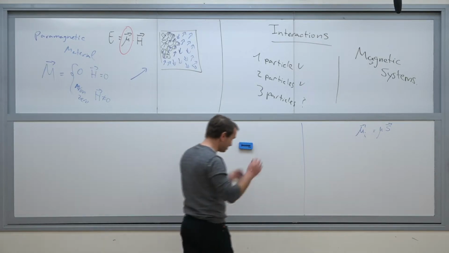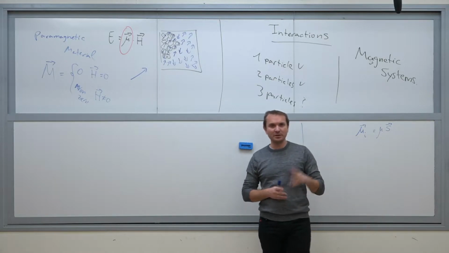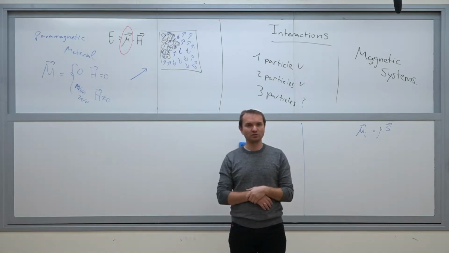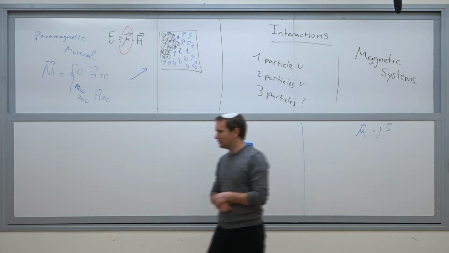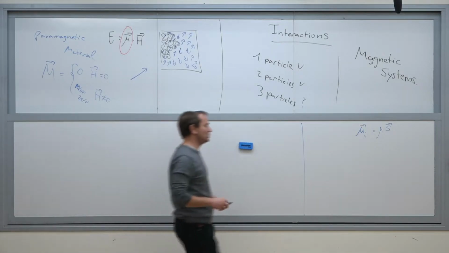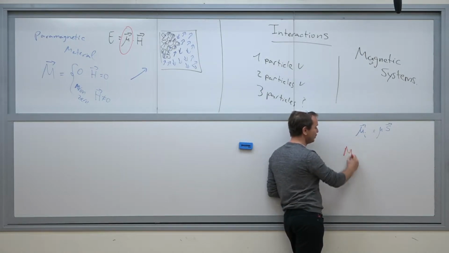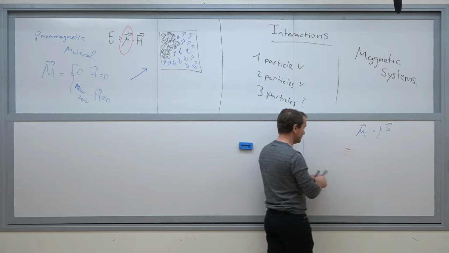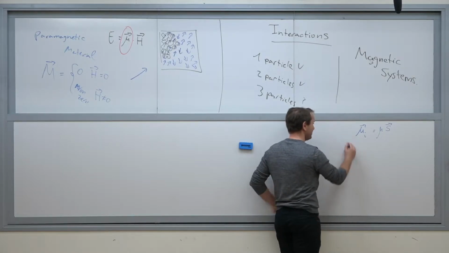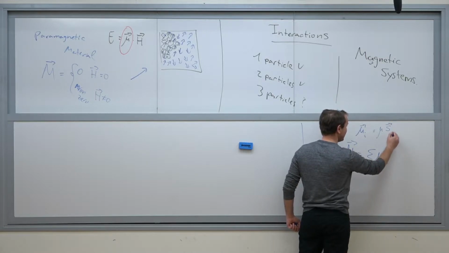Mu is generally the Bohr magneton, and S itself can vary depending on the particle we're looking at. Now, if this is the magnetization of one specific particle, the total magnetization M is the sum over i of mu S_i.